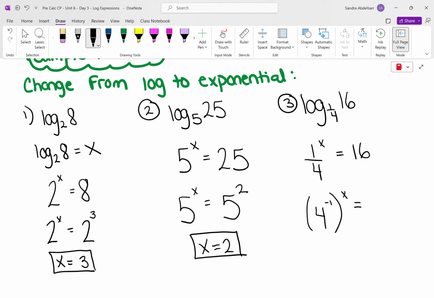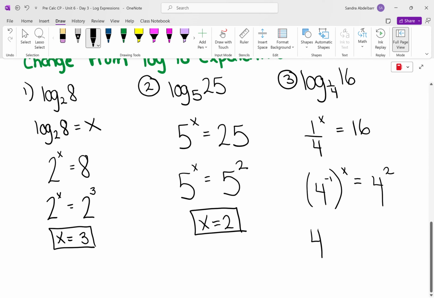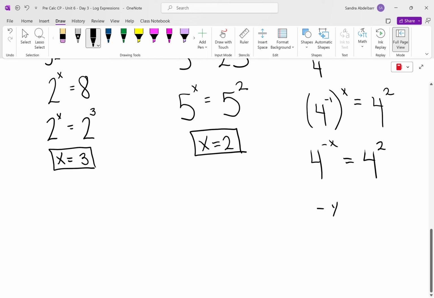And what am I going to do with the 16, do you think? Same base. Change it into what? 4 to the second. So now I have 4 raised to the negative x power is equal to 4 to the second. We go ahead and we solve this. Negative x is equal to 2, so x is equal to -2.